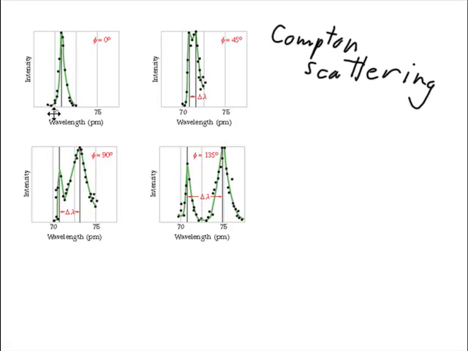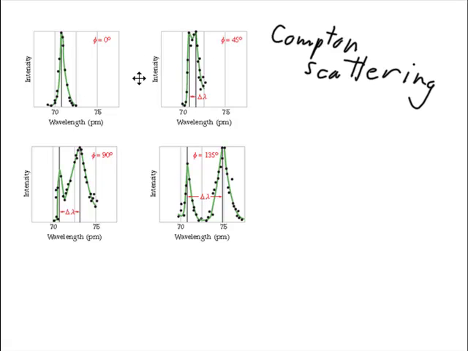If we hit electrons with that kind of light, then as we shift around to larger and larger angles, we see the scattered light coming off at longer and longer wavelengths, suggesting lower and lower energies. So the question is, why is it that if we hit electrons with light, very high energy light, the wavelength shifts depending on what angle we're looking at?